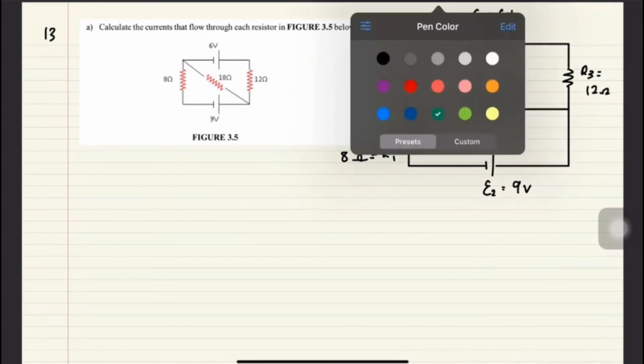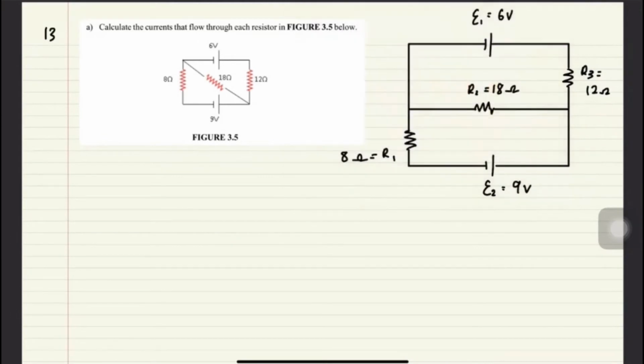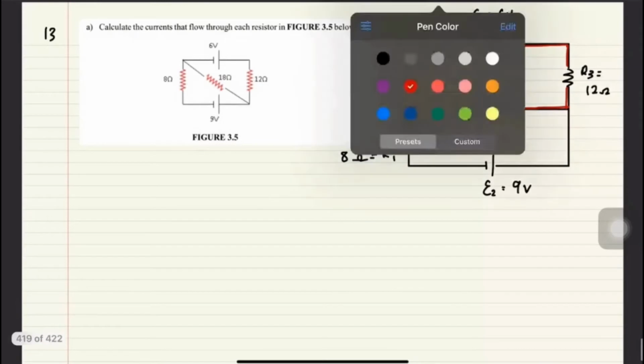Okay, maybe kalau dalam exam biasa saya suruh student saya warnakan kamu punya loop tu ikut different color. So, maksudnya this would be my loop 1. So anything that touch the red line is basically my loop 1. Okay, then maybe I can choose another color.